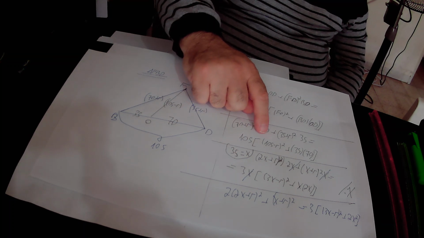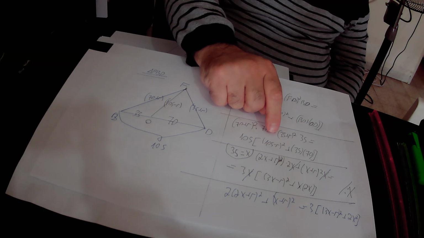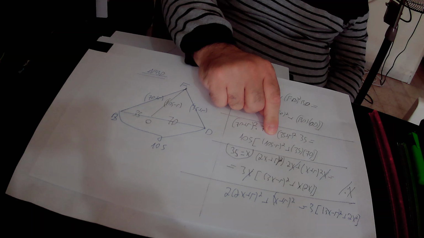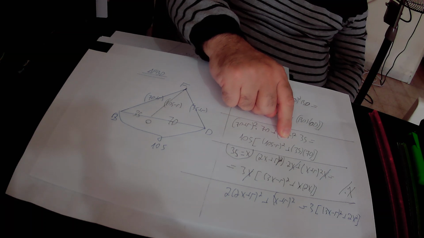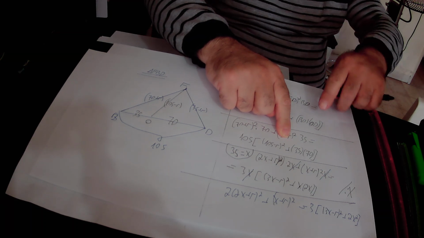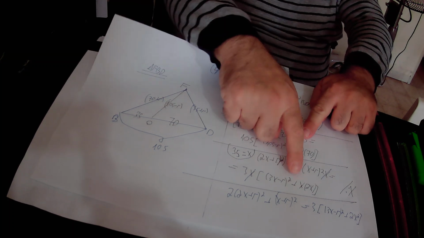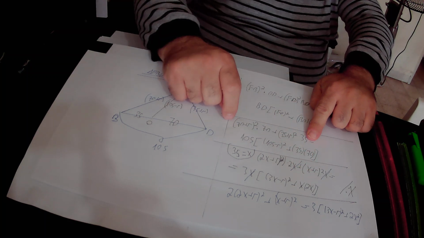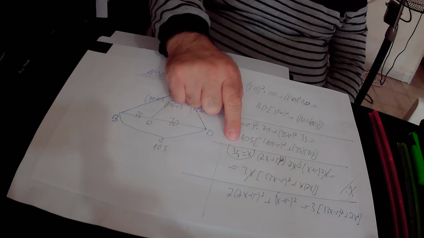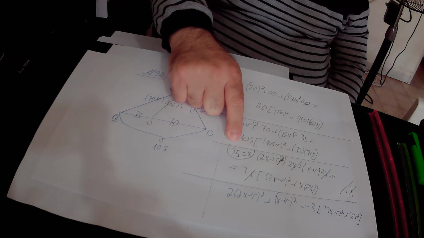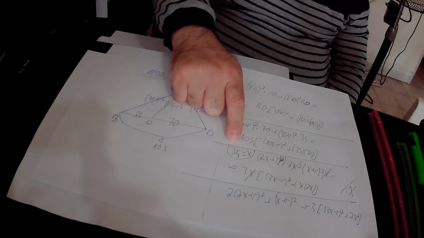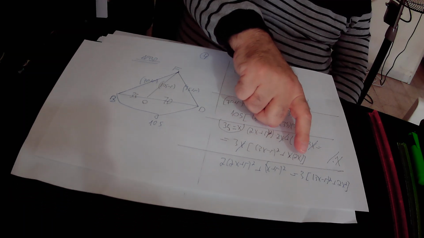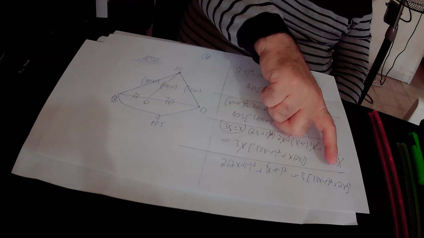Inside the brackets we have 3x minus r squared plus 35 times 70, which is x times 2x. Then we divided this equation by x, and we found that 2 times 2x plus r squared plus x plus r squared equals 3 times the brackets, 3x minus r squared plus 2x squared.